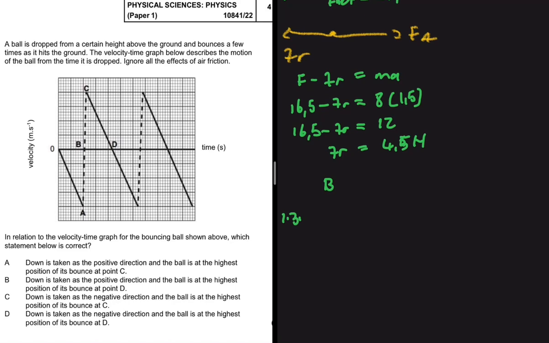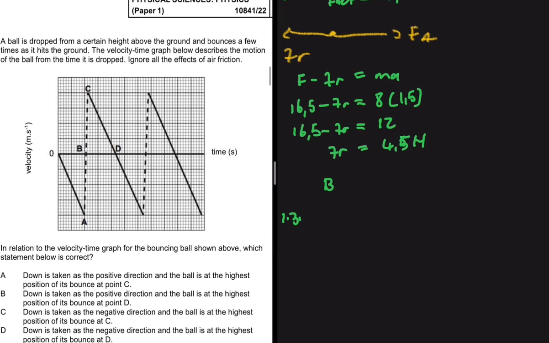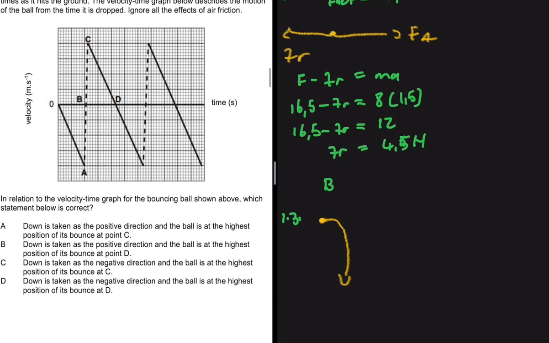A is saying down is taken as positive direction. Our ball is being dropped from a certain height and it starts going down. If down was taken as positive, then our VT graph should immediately go up, but it is immediately going up. So we're taking up as positive and down as negative, right? So option A, we know that it is already not correct.